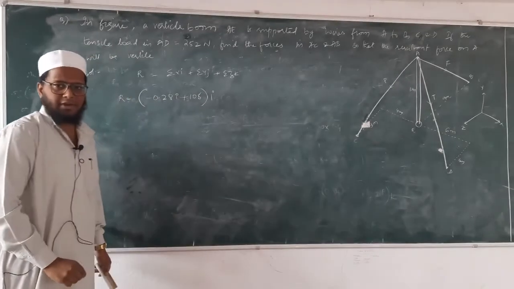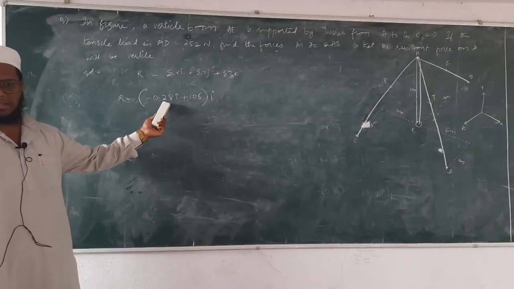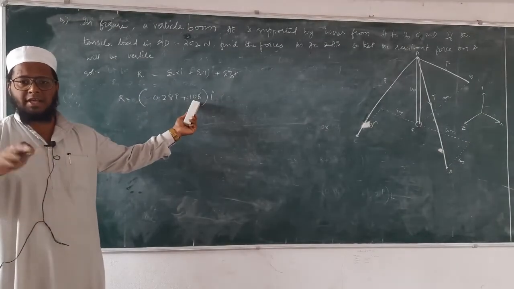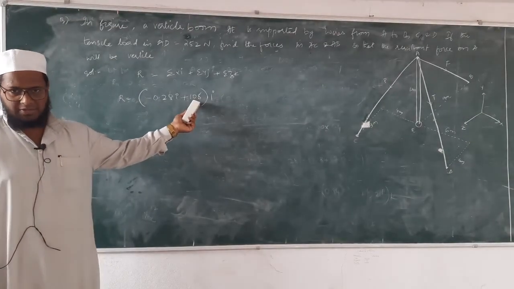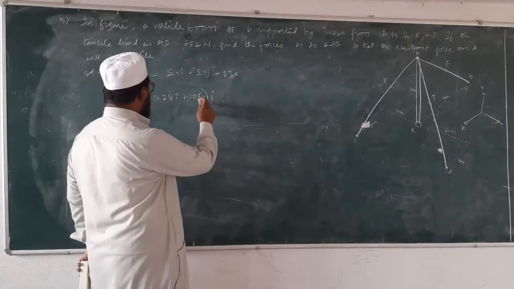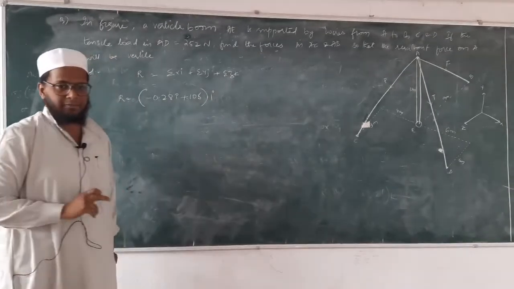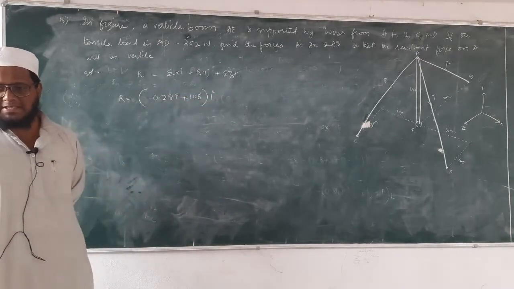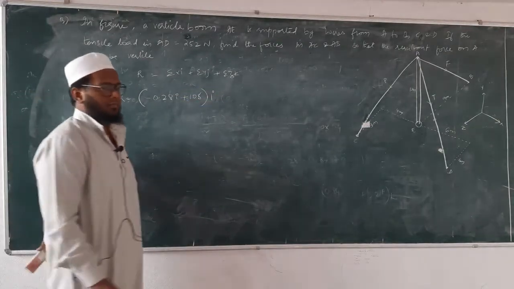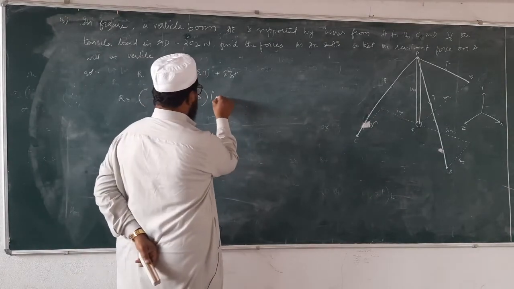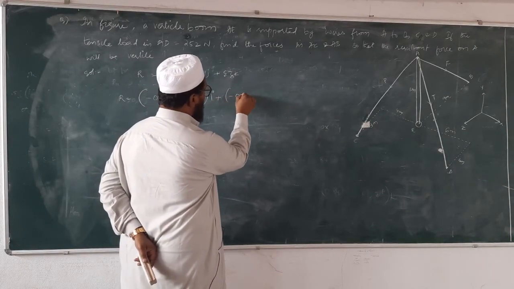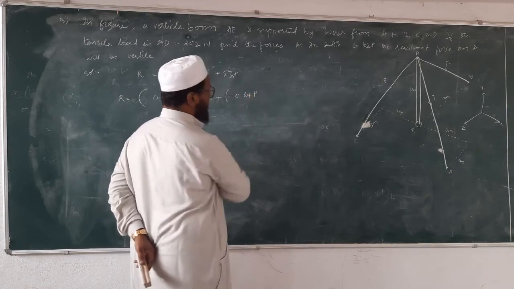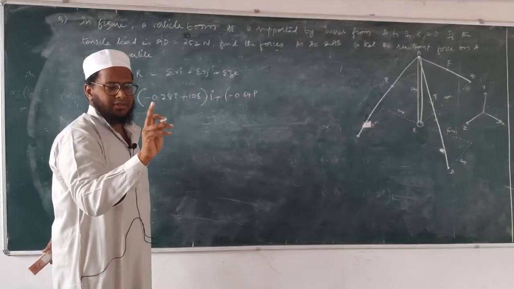This is for force AC, this is for force AD, whereas force AB, X component is 0 there, right? Next we'll go for sigma Y. So what is the Y component in force PAC? Minus 0.84 P, right?